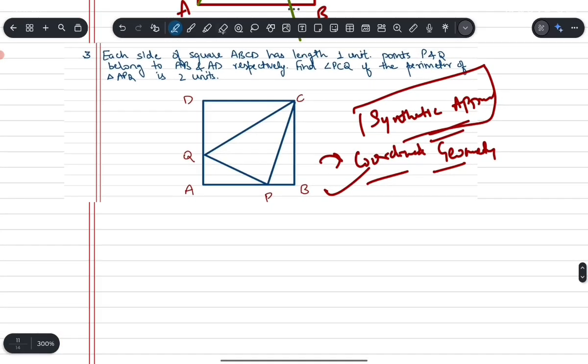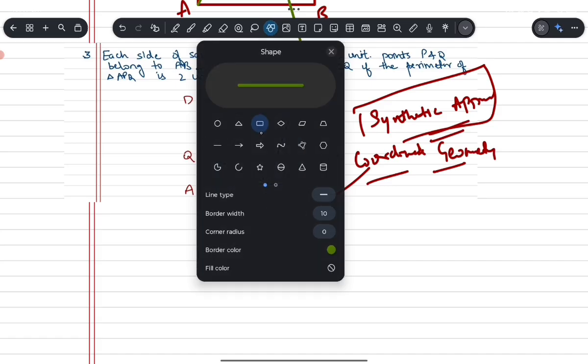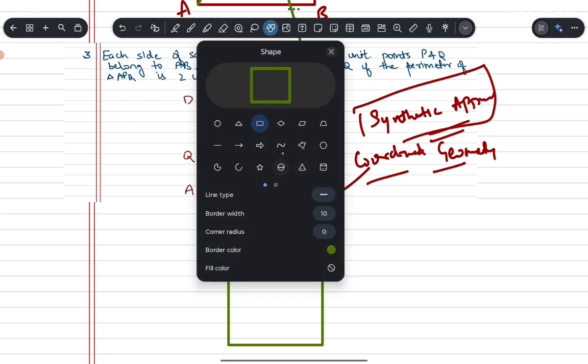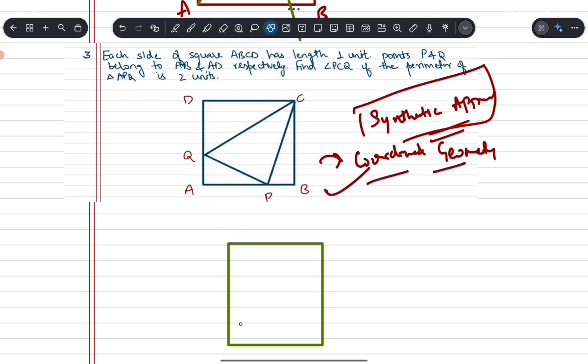Let me just draw it parallelly with you. So we have a unit square and there's this triangle inside the unit square. From PC, we have the triangle. This is the unit square. All right.